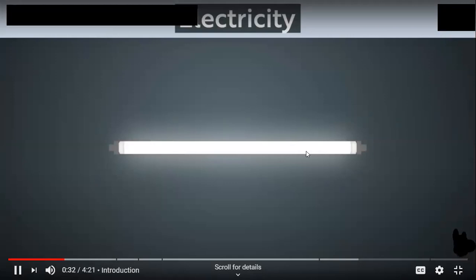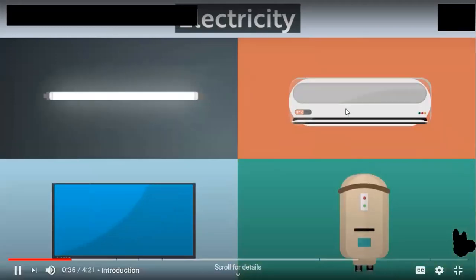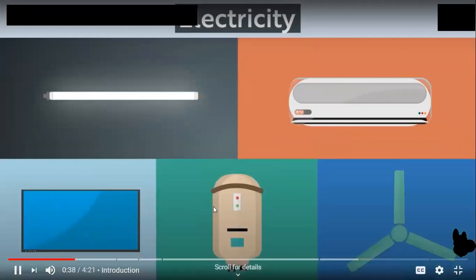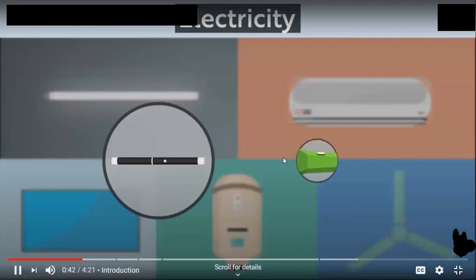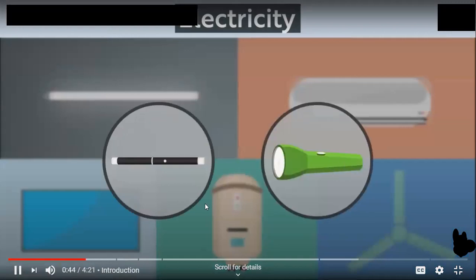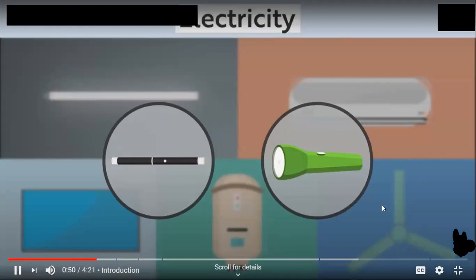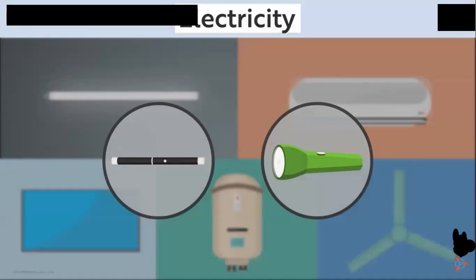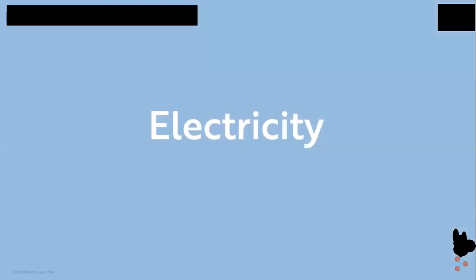Without electricity, it is not possible to light a tube light, and TV, AC, geyser, fan, everything needs electricity. Torch, bulb, all that is not possible to glow without electricity, because electricity is the important source of today's modern life that we have already seen.